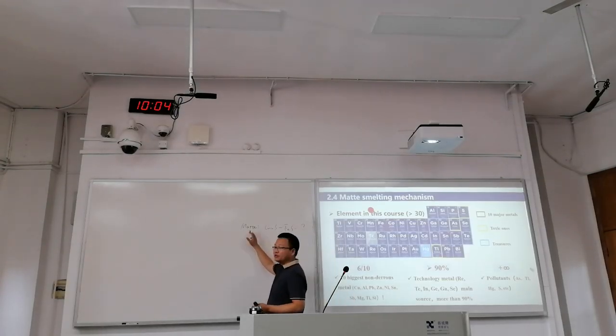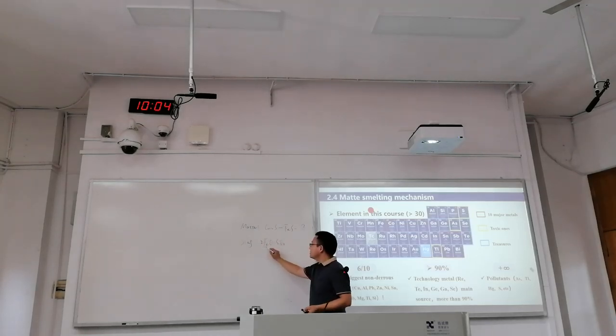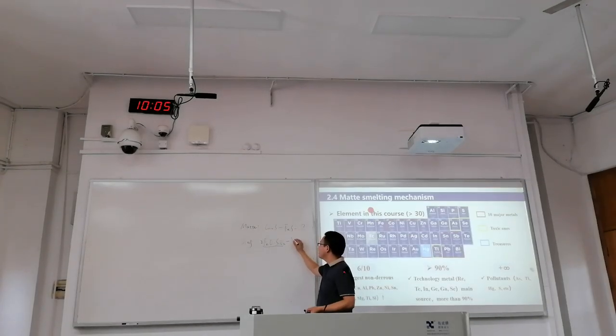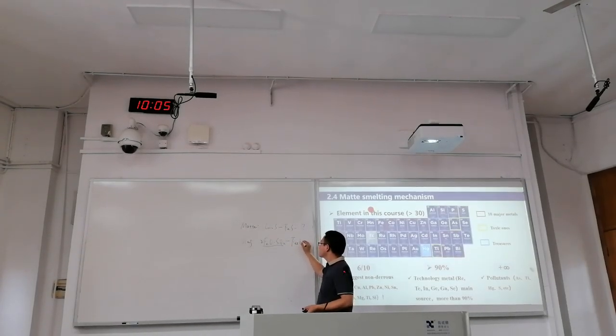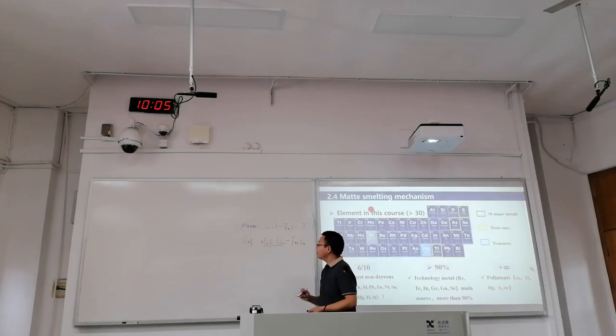And when we are producing the matte, we will have slag as a must. And here we have already taught. We will have fayalite slag as the dominant, right? But besides fayalite slag, we are always having this very stable spinel phase.